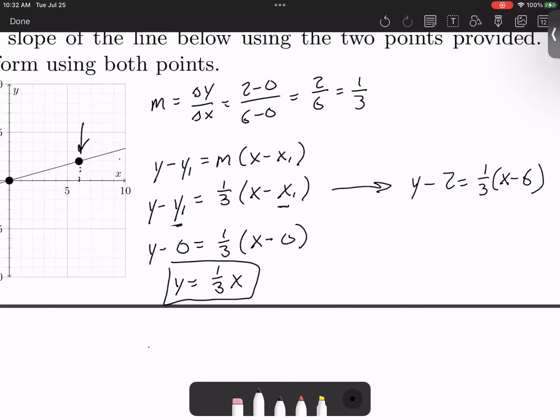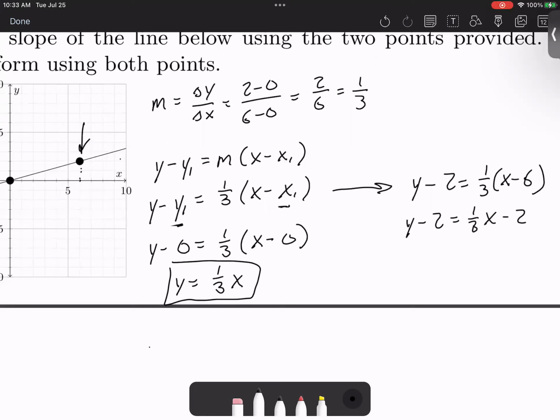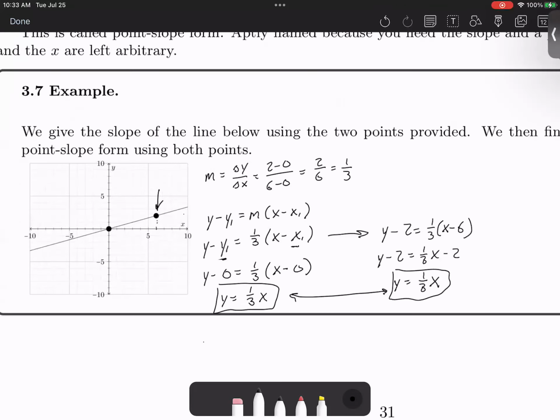So when I simplify this, I get y minus 2 is equal to 1/3 x minus 2. So I add 2 to both sides, I get y is equal to 1/3 x. I get the same equation, right? You can use either point to find the equation of a line in point slope form.